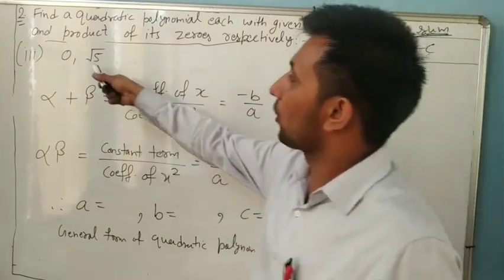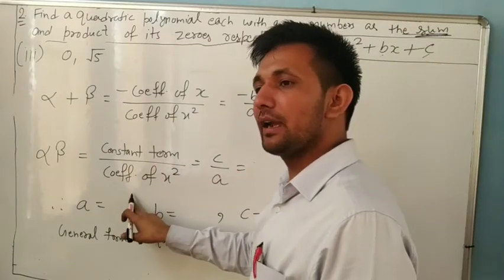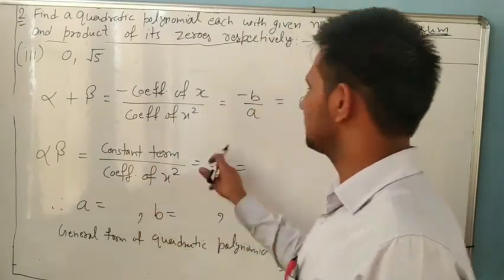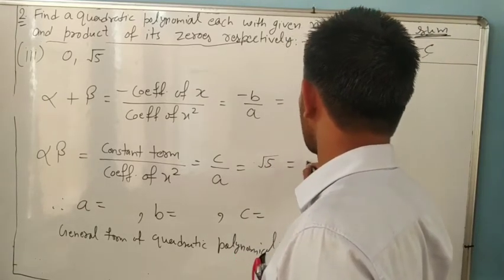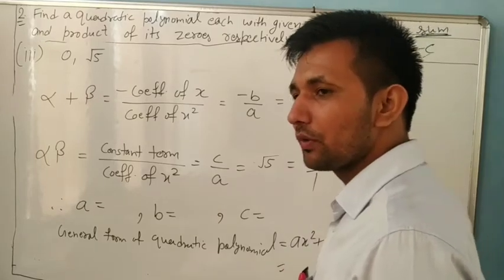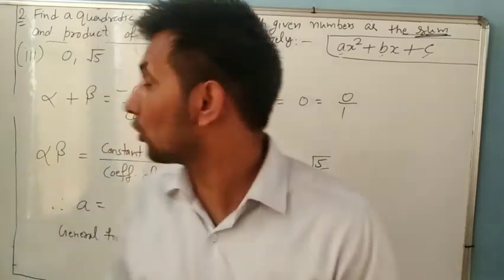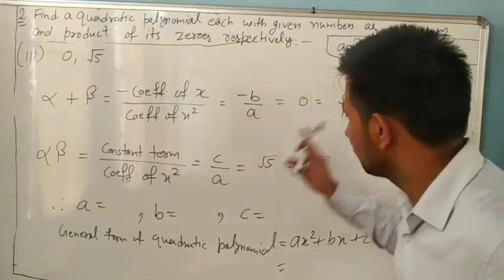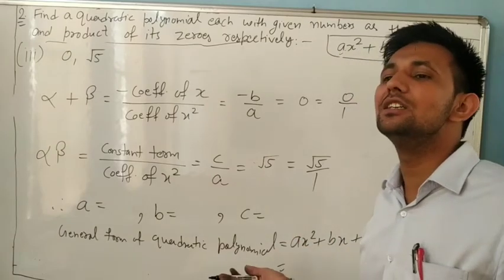Next, the product is root 5. Constant term divided by coefficient of x square is c by a, so root 5 can be written as root 5 divided by 1. Now we observe that a is 1 in both, which means no need to change.